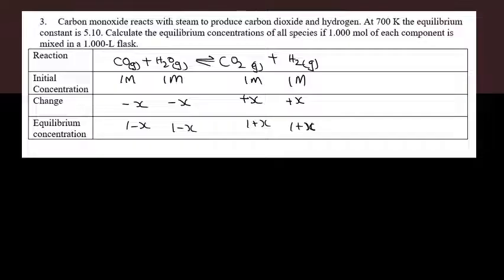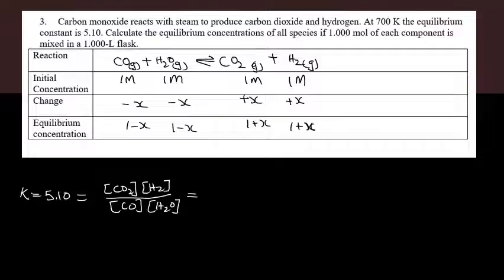To write the K expression, we have to do products over reactants, and we have the K value given as 5.10. So that equals the products, carbon dioxide and hydrogen, divided by carbon monoxide times water, that's the steam.